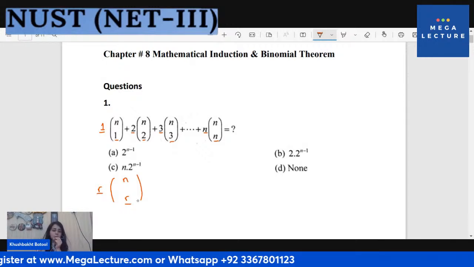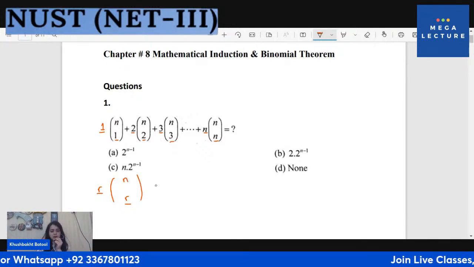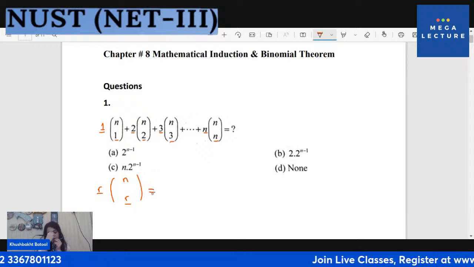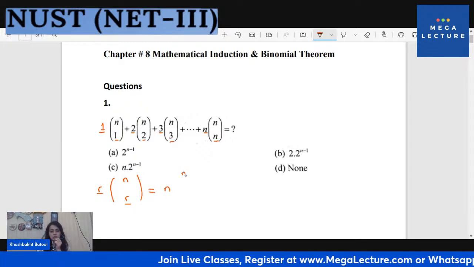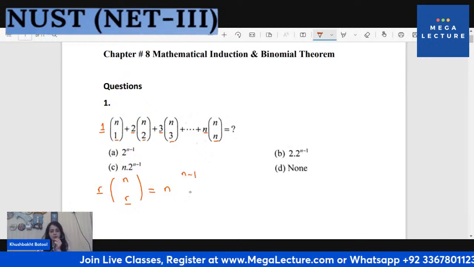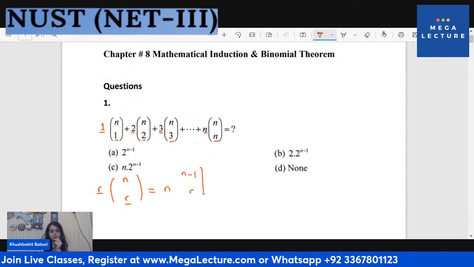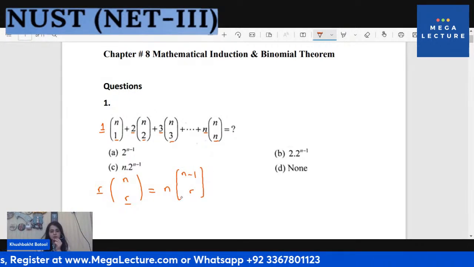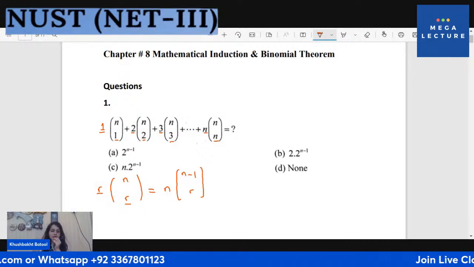Now in general, whenever you have r into nCr, you can write it as n into n minus 1 C r minus 1. These are equal, and this is something we know in general.